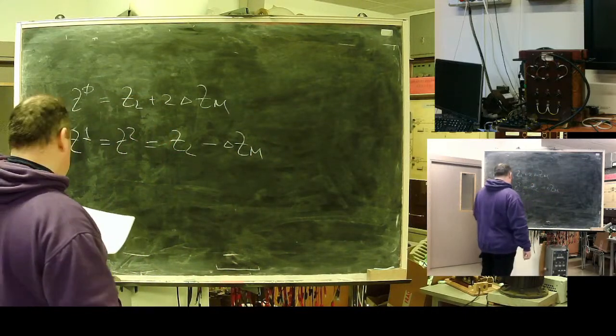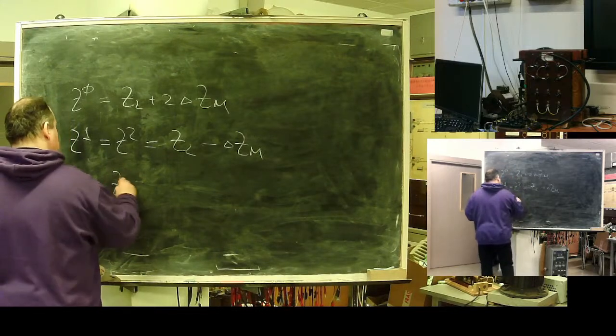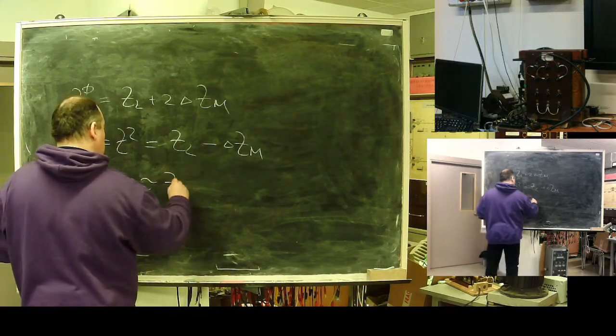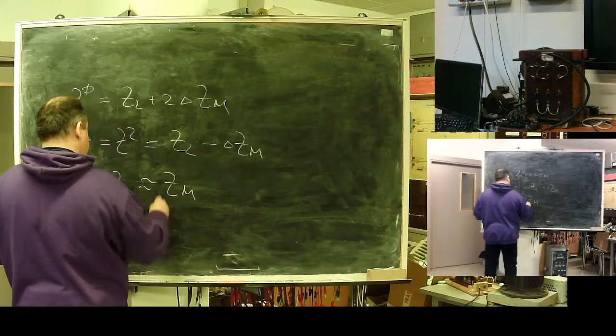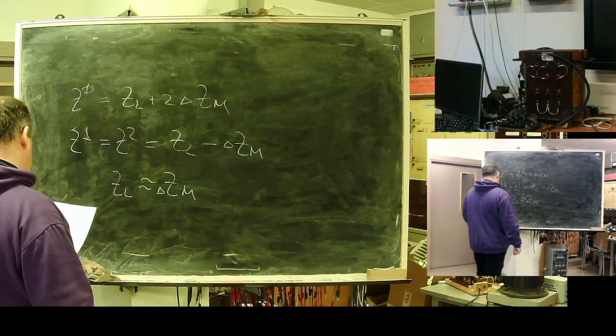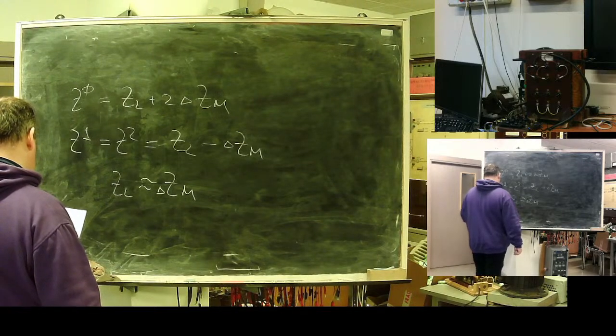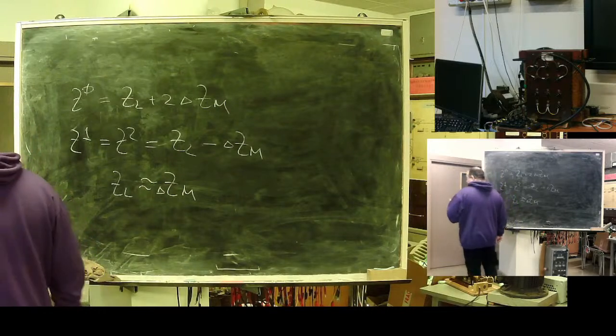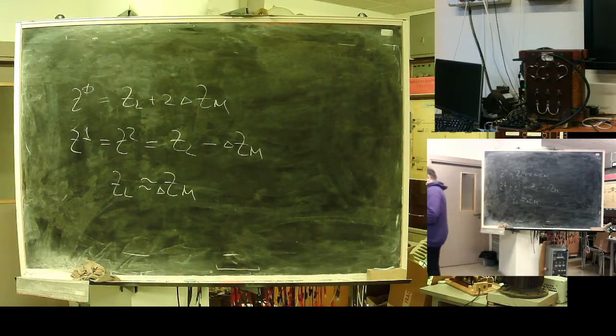For a usual line, these values are close, but the difference between direct and zero sequence is quite significant. It's approximately 3 times.